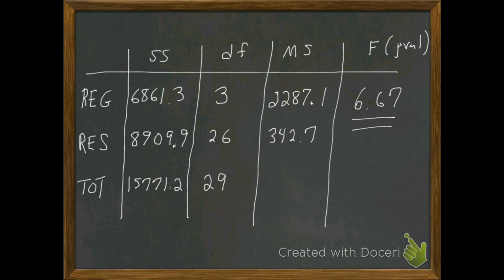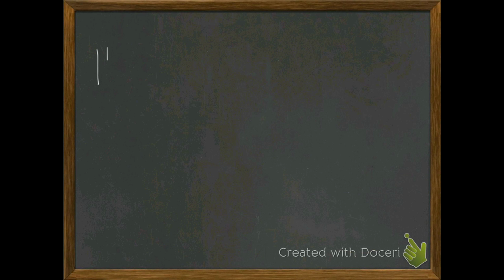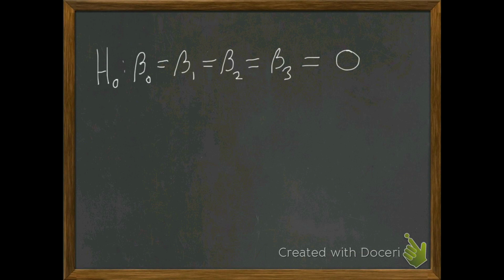Okay? Now, what are we doing here? Here's what we're actually doing. What we're testing with the ANOVA table is H sub 0, that beta 0 equals beta 1 equals beta 2 equals beta 3, all equal to 0. So none of the coefficients are statistically significant.